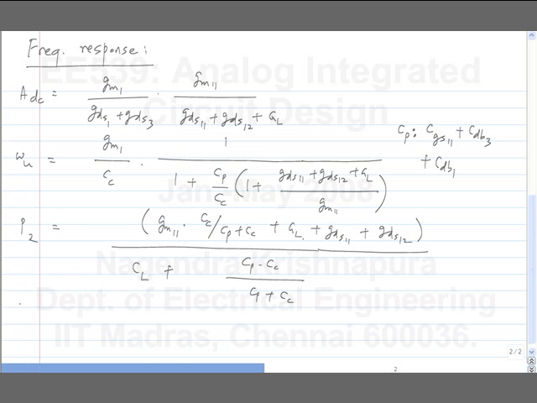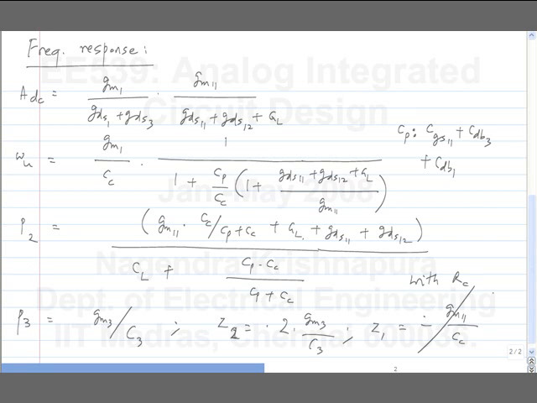And there is a mirror pole and the zero. Maybe I should put the other one first. This is the right half plane zero. But this gets cancelled when you use RC.